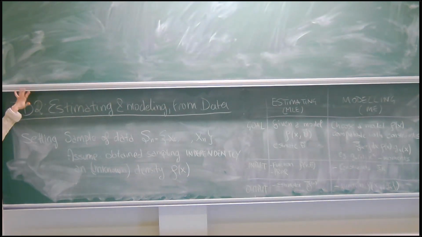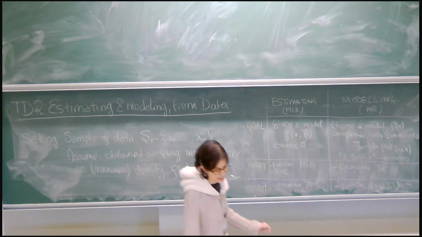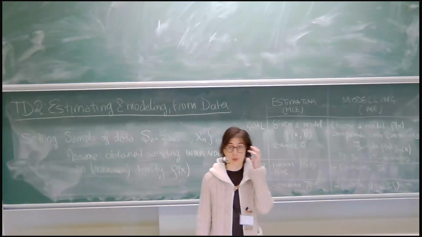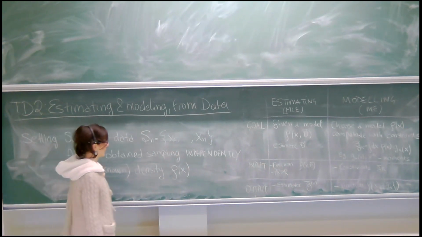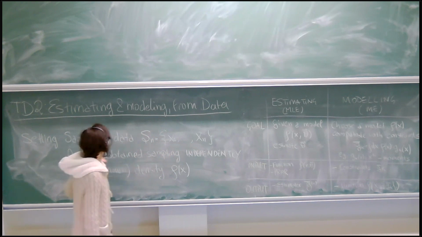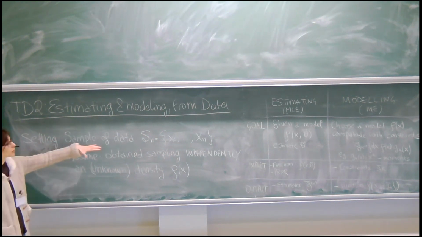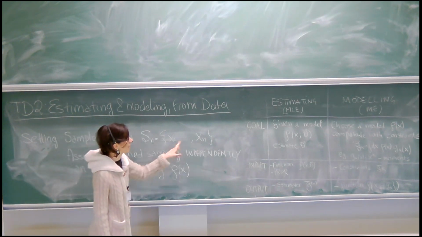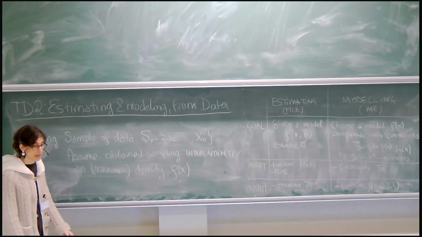And as you see, the idea of the 2 exercises that we're going to do is to start from data and estimate or model distributions based on the information that we have from sampling them and collecting data. So the setting is what I summarized in here. The idea is that you have a sample of data that I call S_n. So you have small n realizations of your random variables.